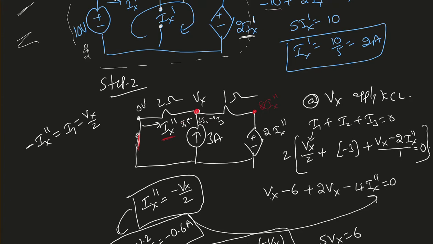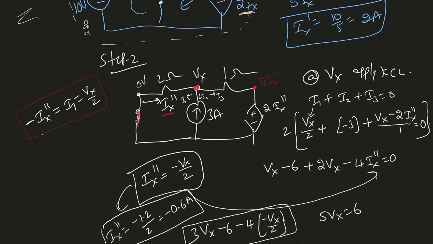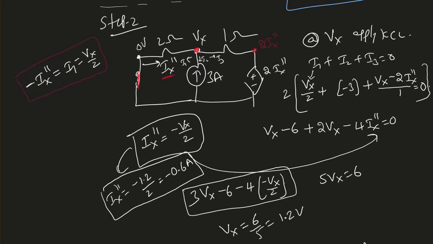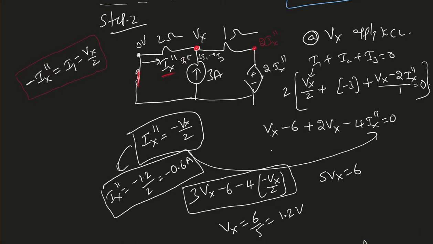Now ix double prime is the same as negative I1, which is Vx over 2. So basically ix double prime is negative Vx over 2. I'm going to substitute that in there. So this will be Vx minus 6 plus 2Vx plus 2Vx.